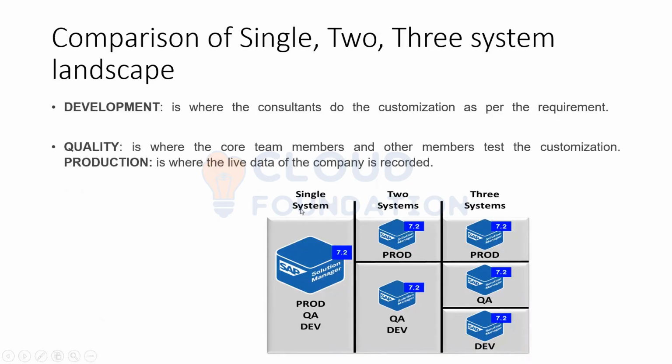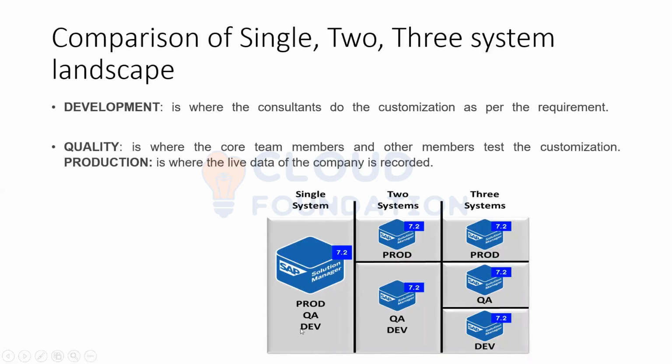Very long ago, not now, quality, production and development were all in the same system. Then it developed into two systems, production and quality in one, and development in another. Now it is three systems. Almost every company uses this three-system landscape of development, quality and production.